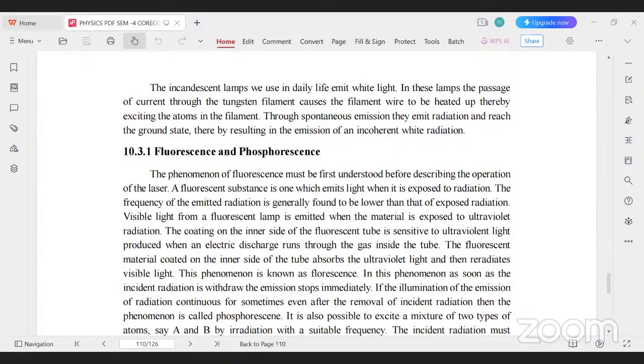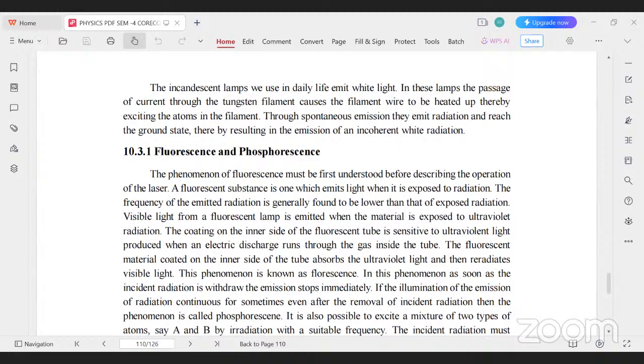The frequency of the emitted radiation is generally found to be lower than that of the radiation exposed to. Visible light from a fluorescent lamp is emitted when the material is exposed to ultraviolet radiation. The coating on the inner side of the fluorescent tube is sensitive to ultraviolet light produced when an electric discharge runs through the gas inside the tube.